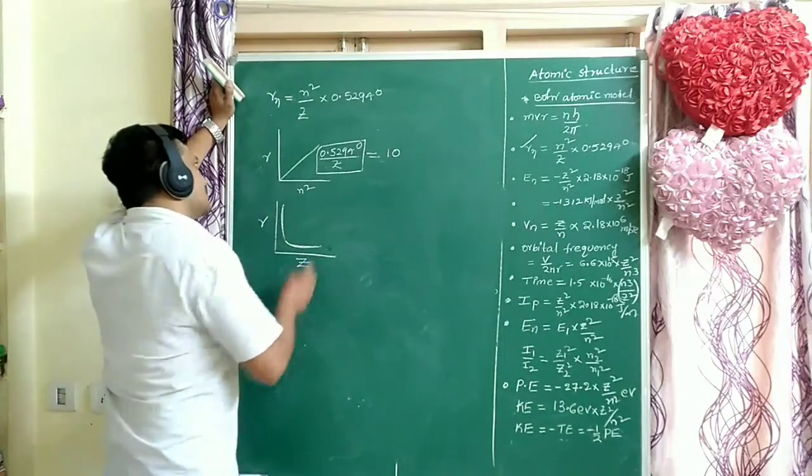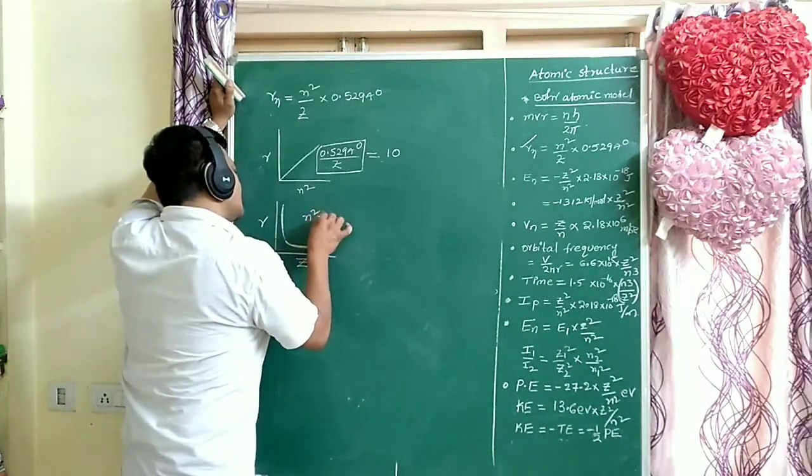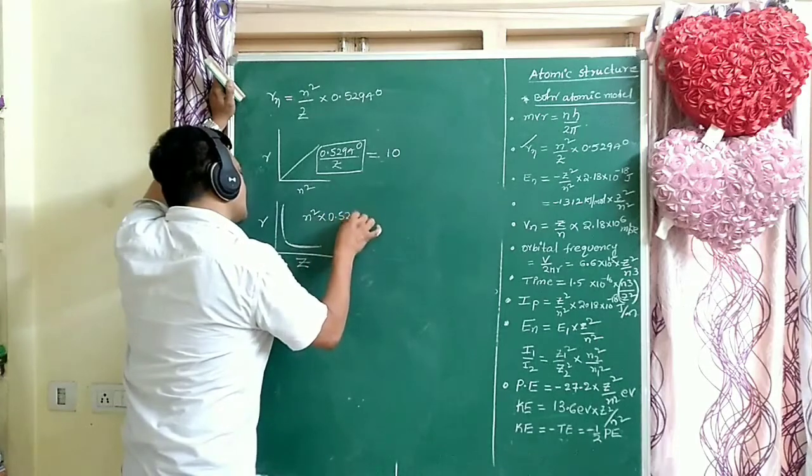Here the slope equals n square into 0.529 angstroms.